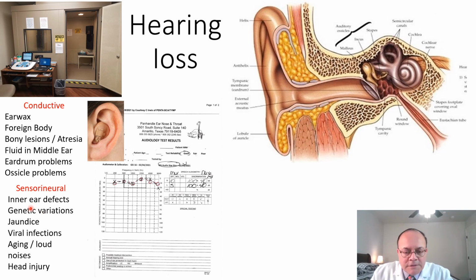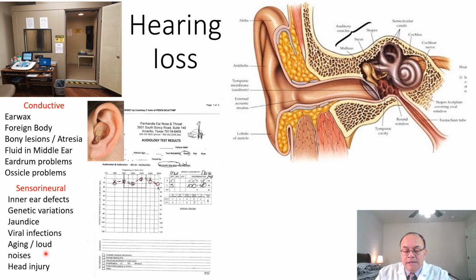Sensorineural deafness can happen due to inner ear defects in children, due to genetic variations in the structure of the inner ear. It can be due to jaundice of the newborn, which affects their hearing.